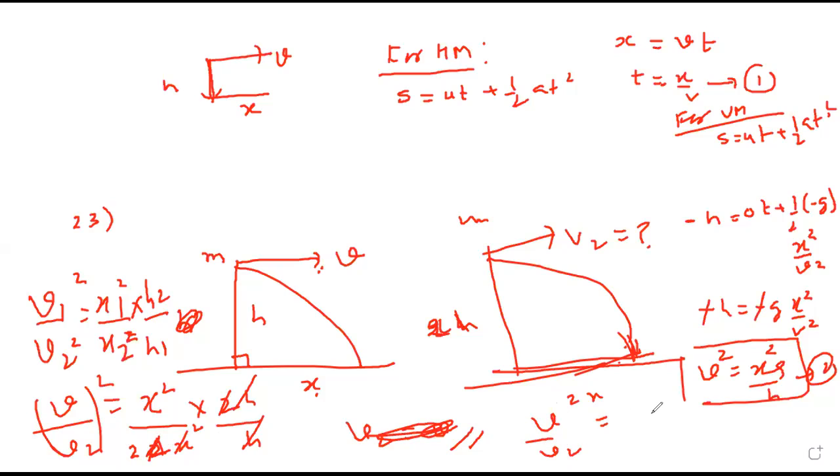So v upon v2, when you take the square root, is 1 by root 2. So v2 is root 2 v. By mistake I had taken that t square only as t.